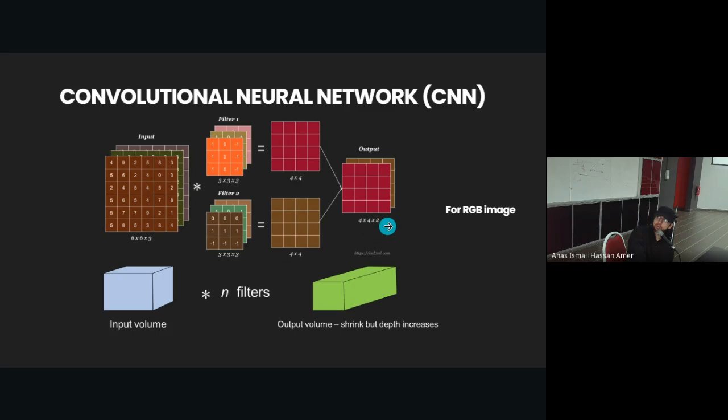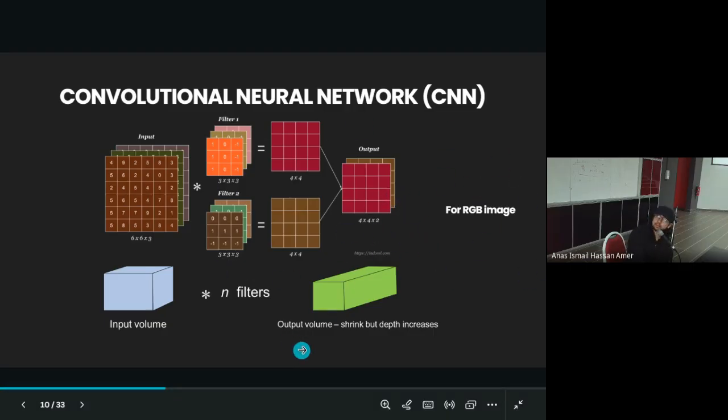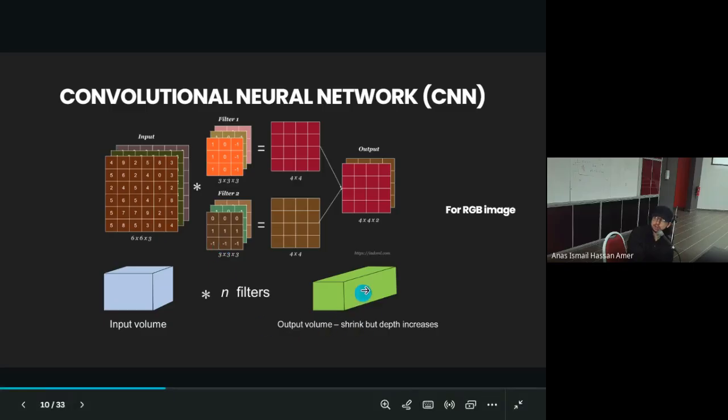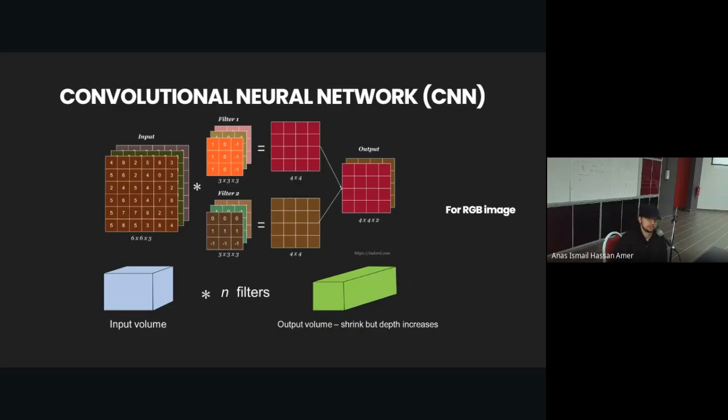Since we have two kernels, two filters, the depth is 2. So this is basically the operation. As I said, the number of filters or kernels, in this case two filters, this is the first filter, the second filter, decides the depth of the output.